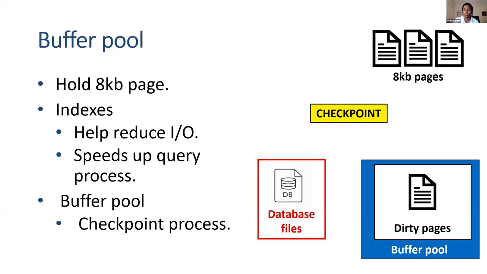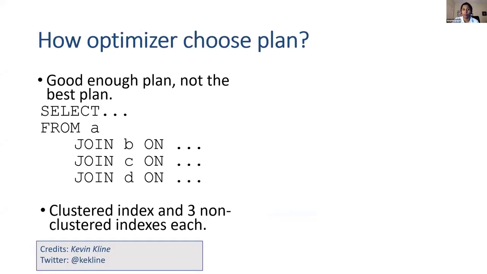They are not hardened to the disk. So every few minutes, the checkpoint will check for the dirty pages. And if it finds dirty pages in the buffer pool, it will go ahead and flush them out to the database files. That's how the checkpoint process will manage the buffer pool.